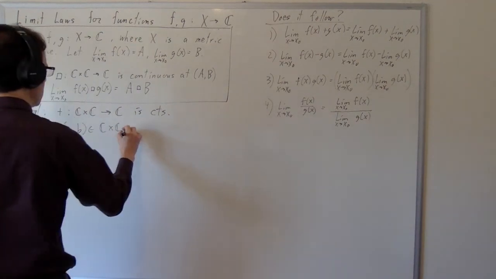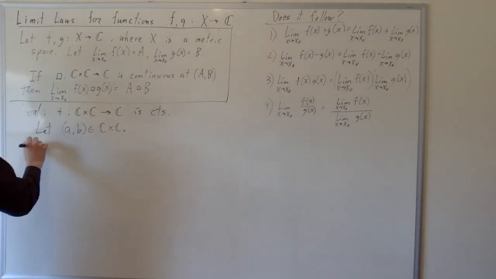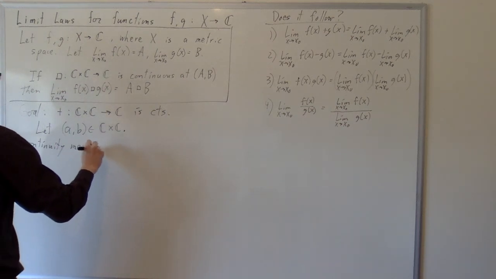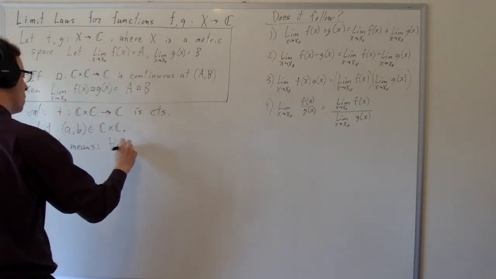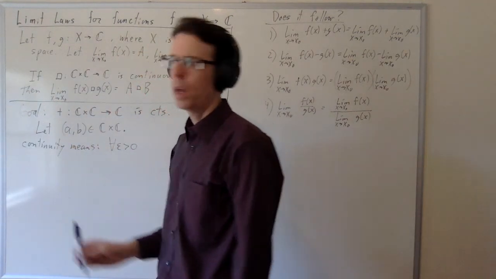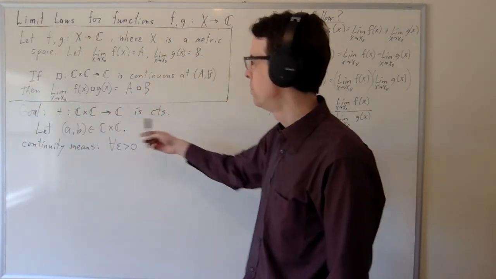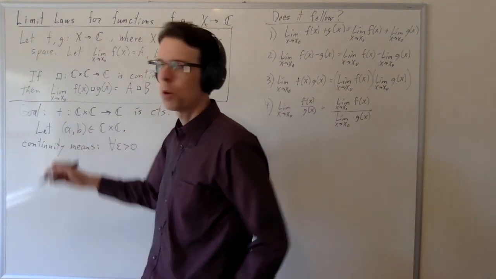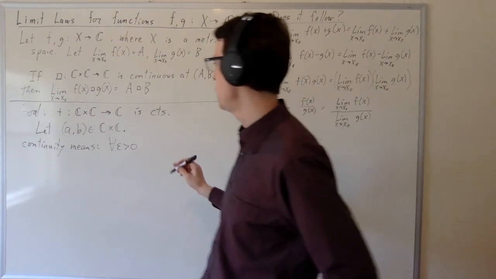Okay, so continuity, what does continuity mean? Continuity at (A, B) means that for every positive epsilon, I can choose a neighborhood of (A, B). Now, we could use the metric definition of this, but the simplest thing to do is to choose a rectangular neighborhood of (A, B).